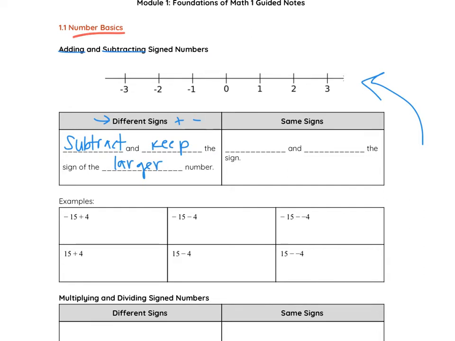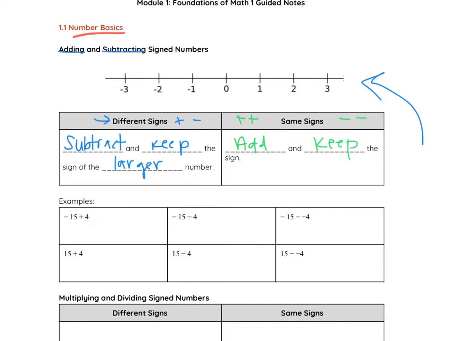Okay, so that's if you have different signs. The other option is to have the same sign. So this is either two positive numbers or two negative numbers. So if that happens, you're just going to add and keep the sign.